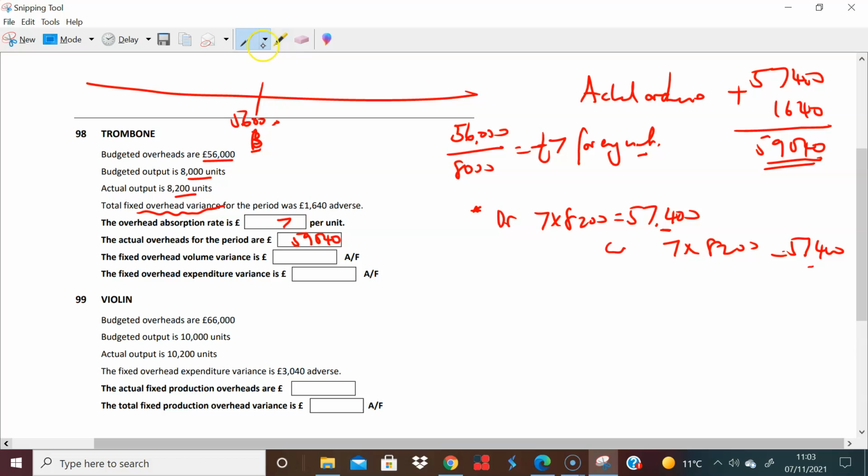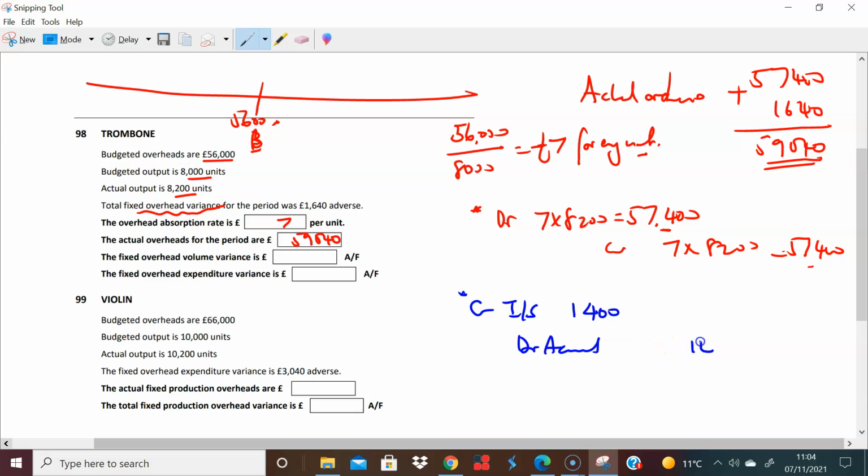I need to put through a journal to bring it back down to its budgeted overheads because it's a fixed cost and does not operate in volume. So I will credit the income statement, which is in a way good, it's favorable, bringing that down from 57,400 all the way down to 56,000, and therefore that's releasing 1,400, and then debit, of course, the accrual. But I'm focused on the income statement.